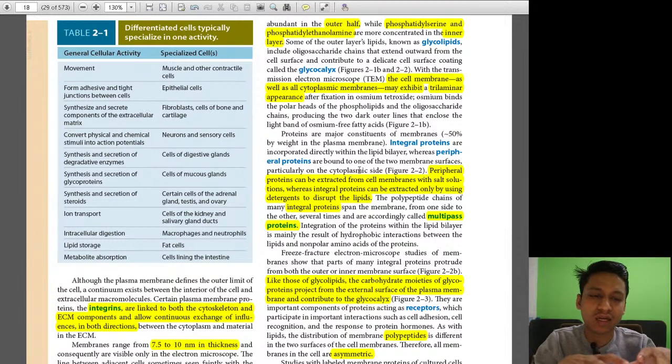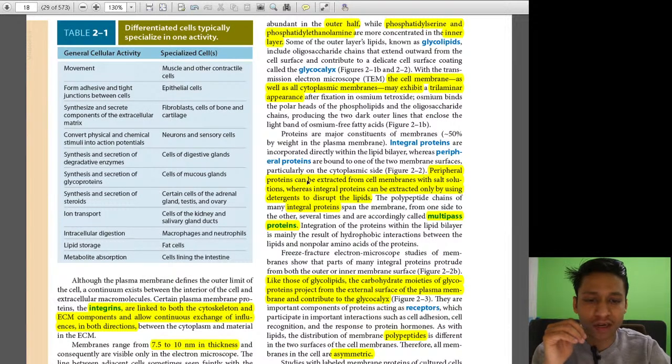As the name suggests, an integral protein is incorporated throughout the bilayer, whereas a peripheral protein is present at only one of its layers.